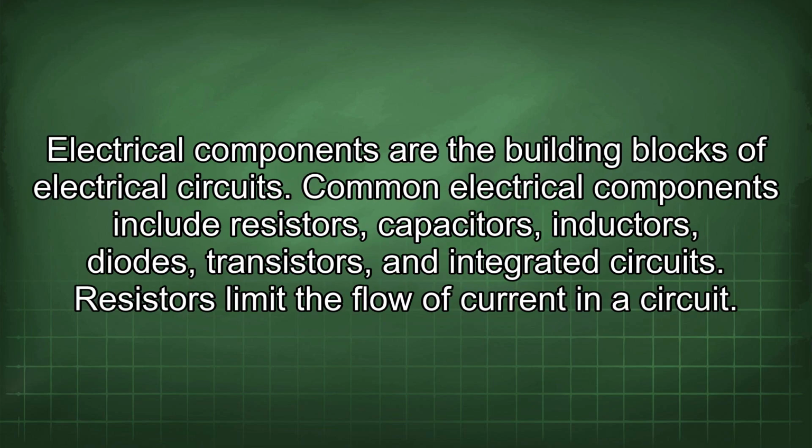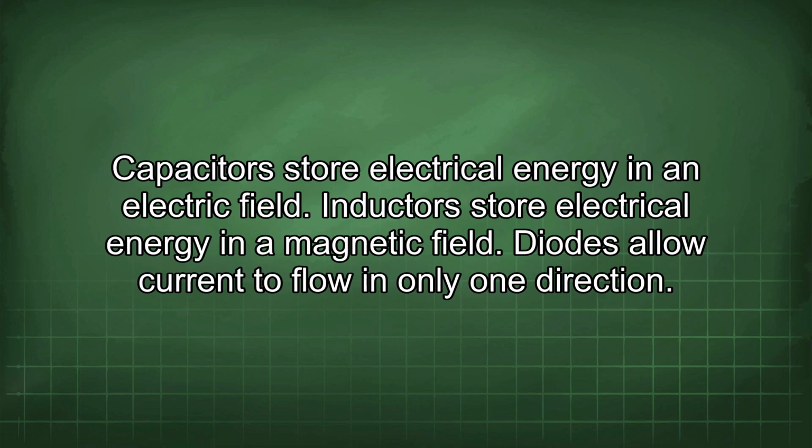Electrical components are the building blocks of electrical circuits. Common electrical components include resistors, capacitors, inductors, diodes, transistors, and integrated circuits. Resistors limit the flow of current in a circuit. Capacitors store electrical energy in an electric field. Inductors store electrical energy in a magnetic field.